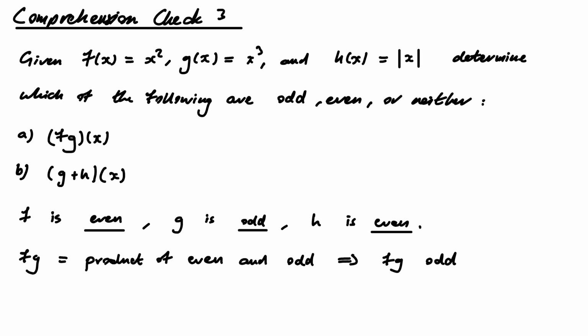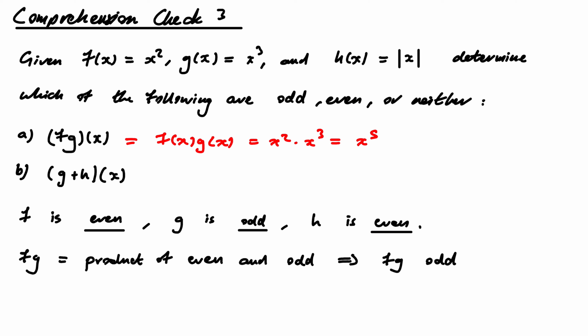We could do that from first principles if we wanted, fairly simply. Let's observe that this is equal to f of x times g of x by definition, which is x squared times x to the 3. That's equal to x to the 5. Right, definitely an odd function. The exponent is an odd number.